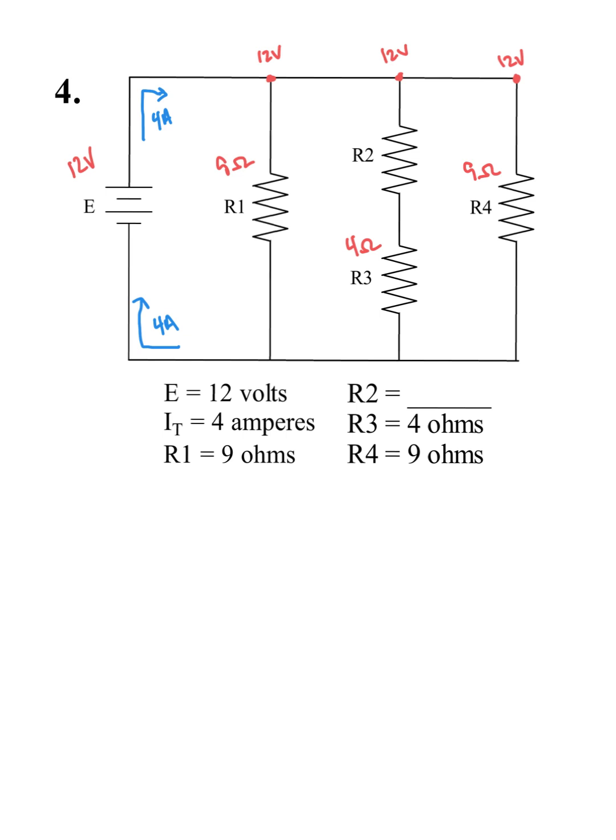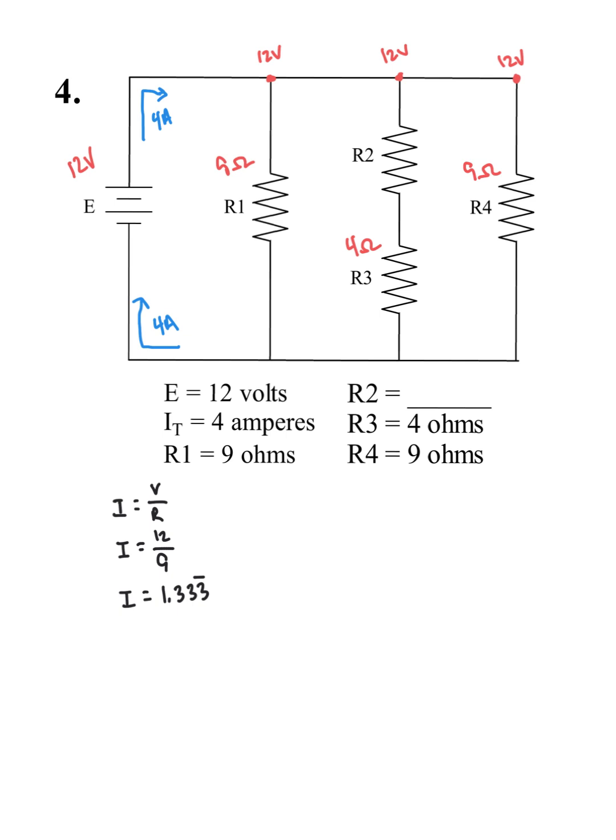I do that using Ohm's law: if I want to solve for current, current is equal to volts over resistance. So I have 12 divided by 9, and my current comes out to 1.33 repeating.